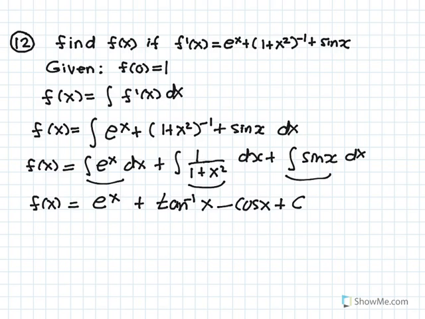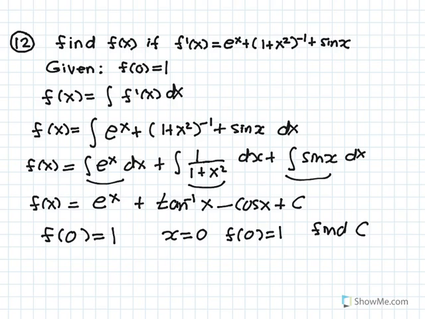Now we're given that f of 0 is equal to 1. That means we have to plug in x equals 0, f of 0 equals 1, and we have to find c. Let's do that. 1 is equal to e to the 0 plus tan minus 1 of 0 minus cos 0 plus c. E to the 0 is 1.